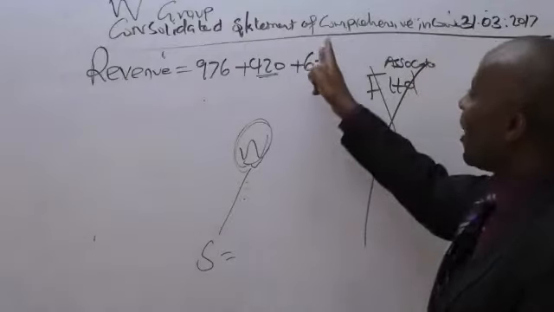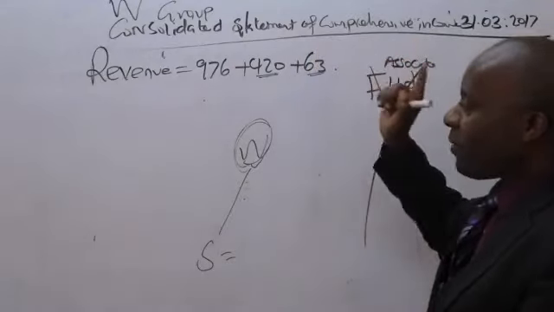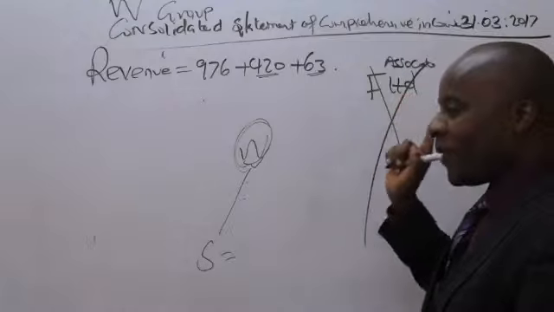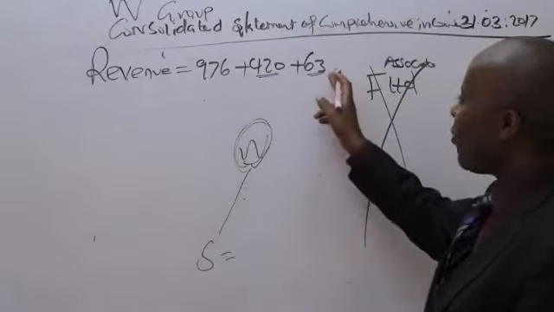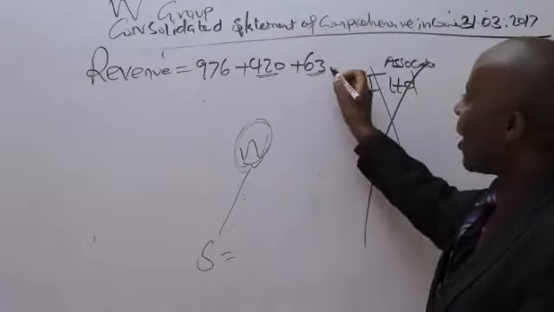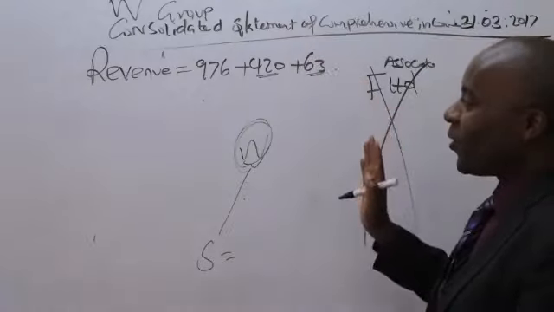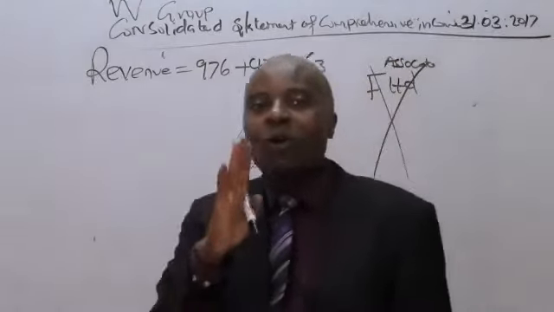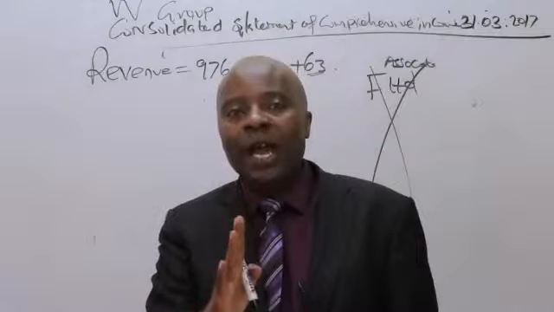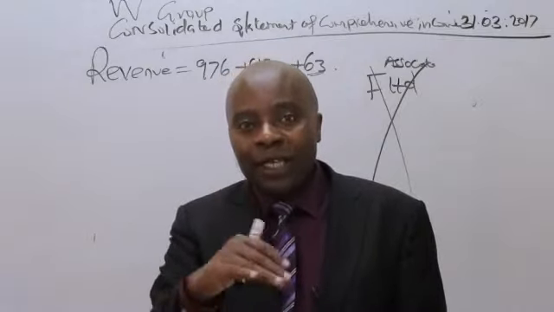Remember, statement of income only looks at performance of 1 year. So don't ask me, if it acquired, for example, F 3 years ago, why can't we multiply this by 3? No. Only 1 year. I'm only concerned with the proration whenever we stay with a subsidiary for less than 12 months.